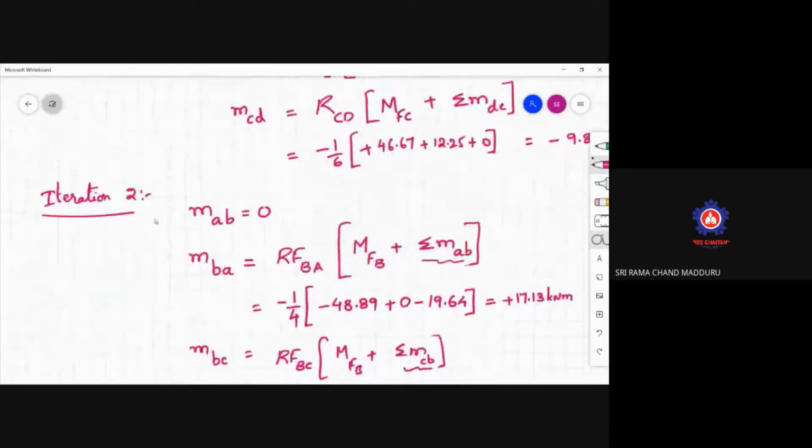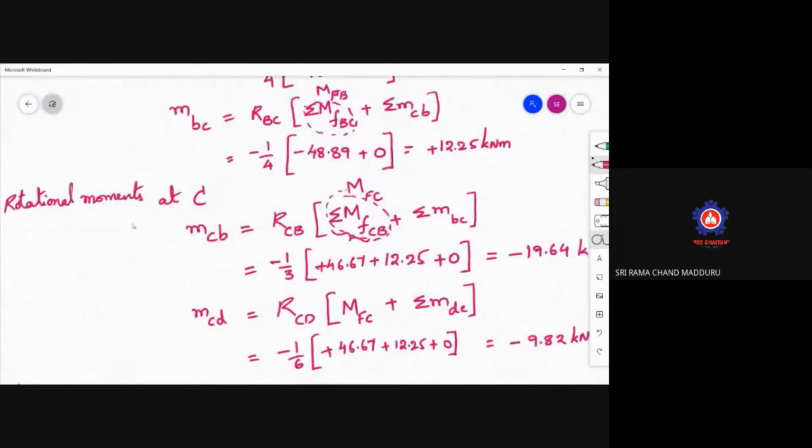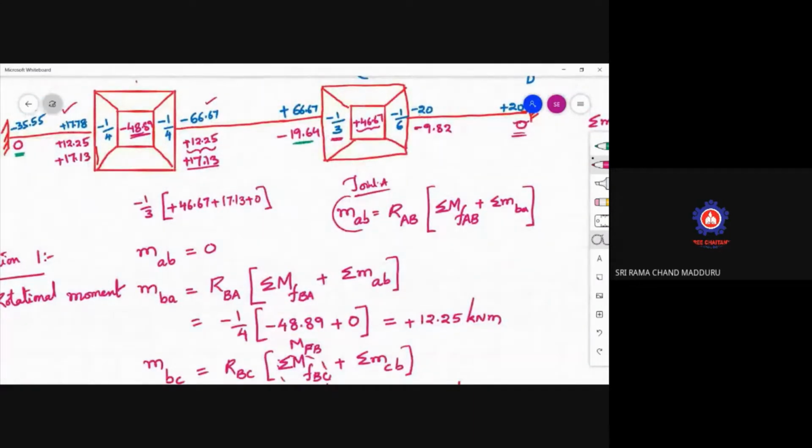So I have to substitute those values here. Minus 21 point, what is the value? 26, sir. Right. So the second iteration is completed.